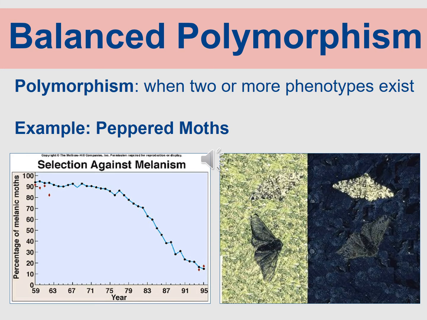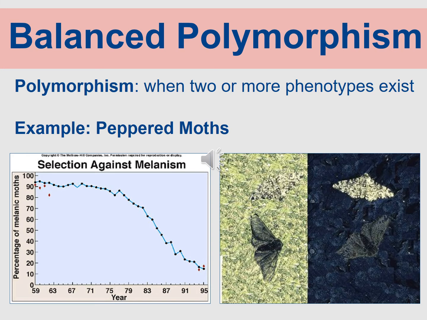And what this did is, of course, before, when you had enough lichen on the trees, birds and other animals that prey on these moths could easily see the melanic moths, ones with darker pigmentation, because the ones that are checkered kind of blend in or camouflage under the lichen background, which is the photo here on the left. The photo on the right shows them on the bark that's been dyed by smoke, or darker bark.